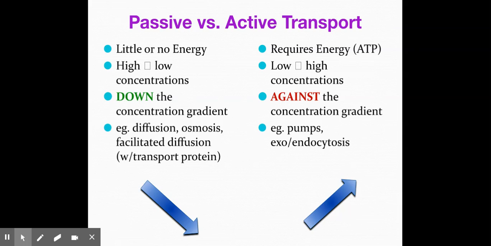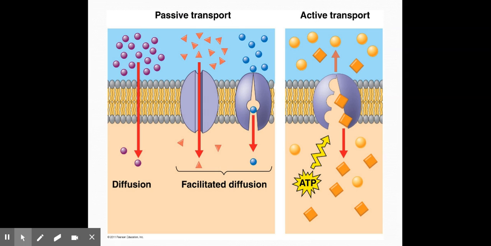Oppositely, active transport is going to require energy. It moves against the concentration gradient, which means from a low concentration to a high concentration. These are things like pumps, for instance ion pumps like sodium, potassium, or hydrogen pumps, and are involved in the exocytosis and endocytosis processes, which we are going to end on in just a second.